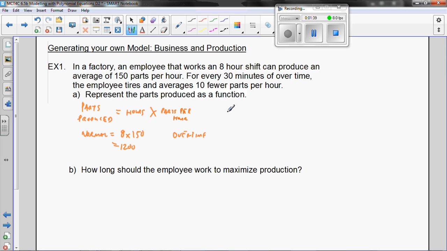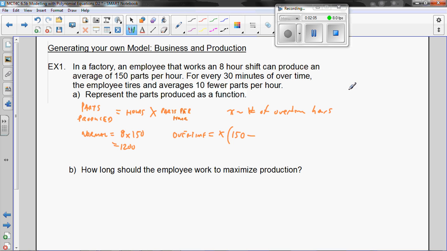where let's let X be the number of overtime hours. So the number of overtime hours is just X, but the parts per hour is 150, but it goes down by 10 parts for every 30 minutes of overtime.